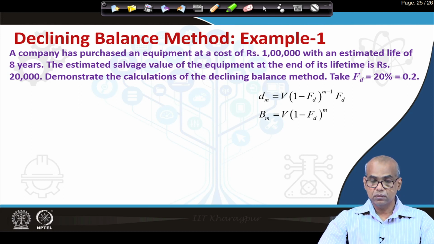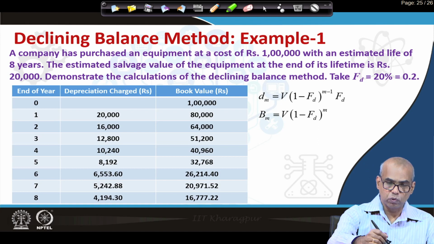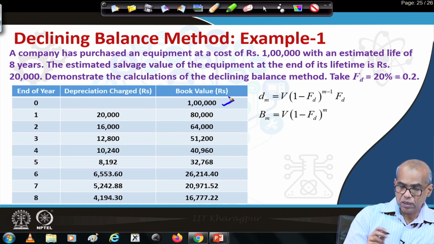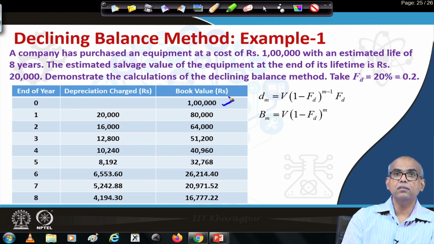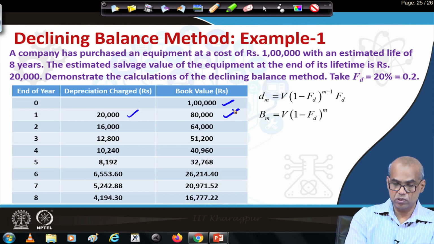You know the expressions for annual depreciation as well as book value. So, you can compute. So, book value or the original asset value is 1 lakh. So, after first year 20% of this, means 20,000 rupees, you charge. So, remaining book value is 80,000.